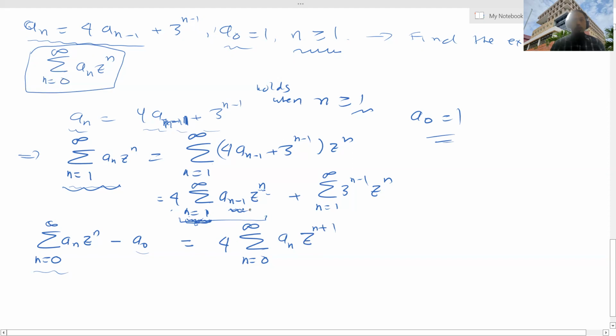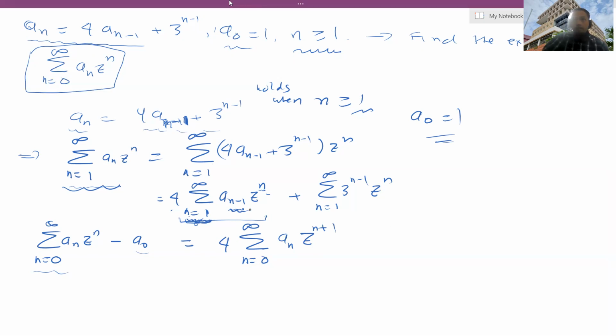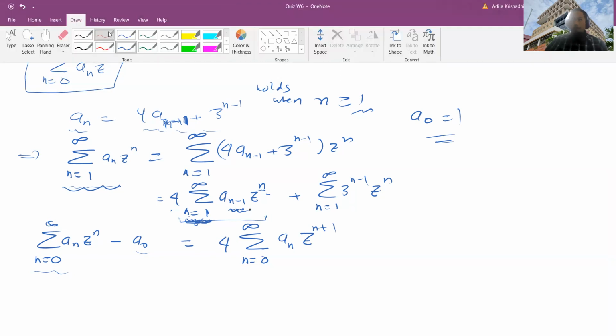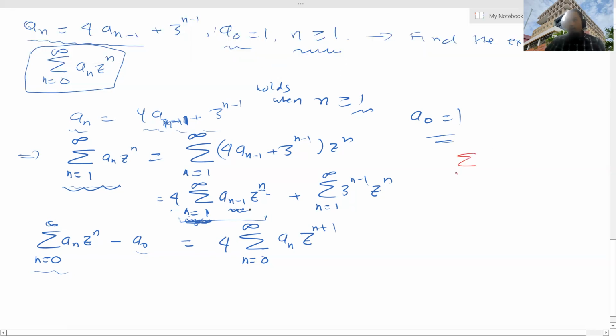Any question at this point? Is it clear? If not, let me clarify this. Remember, the sum of n from 1 to infinity a_{n-1} z to the power of n is actually a_0 z to the power of 1 plus a_1 z squared plus a_2 z cubed, and so on.